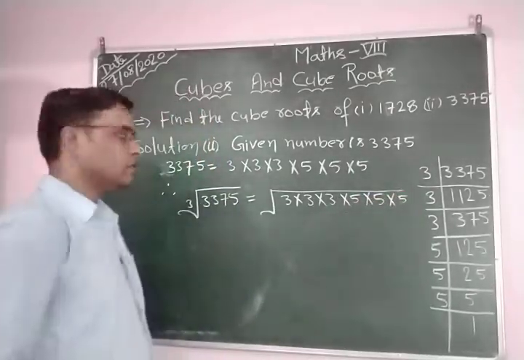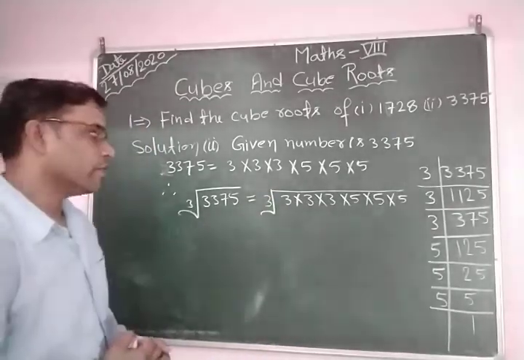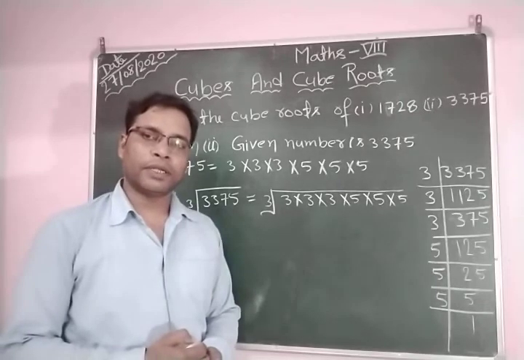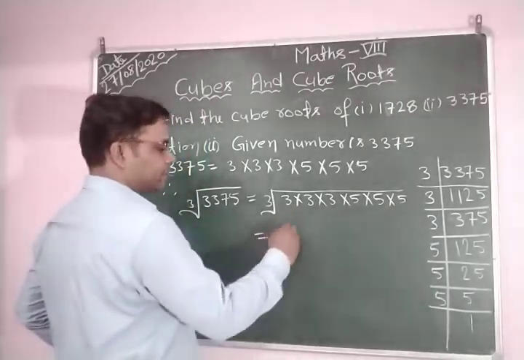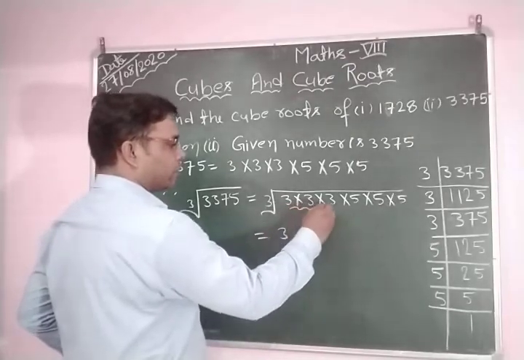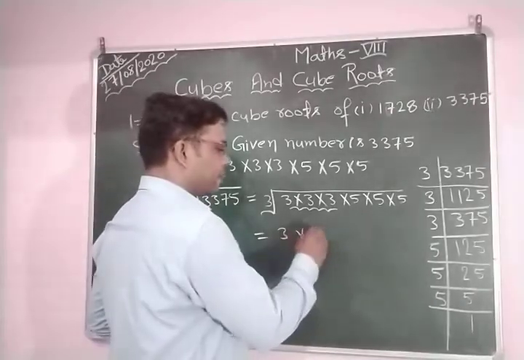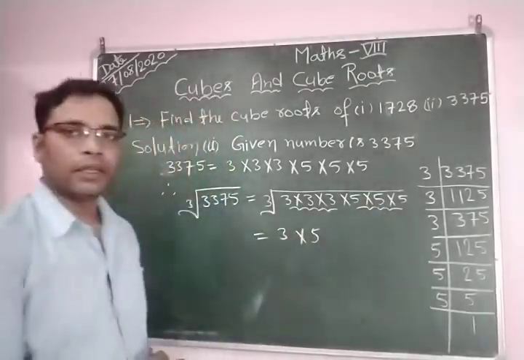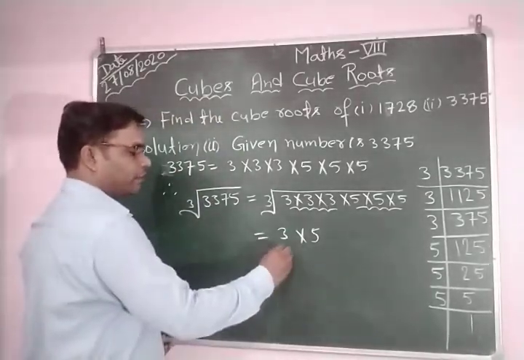Okay, for cube roots we take one prime number of each group triplet. So we take here 3, because this is one group triplet of prime number 3, and 5 here, because this is also one group triplet of 5. Okay, so 5 3s are 15. This is equal to 15.